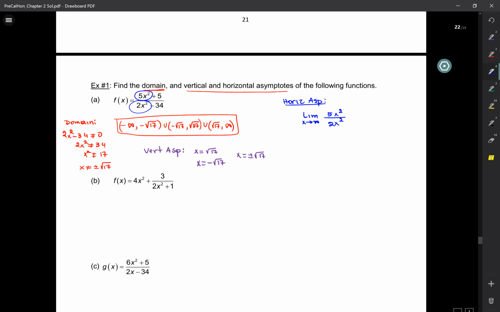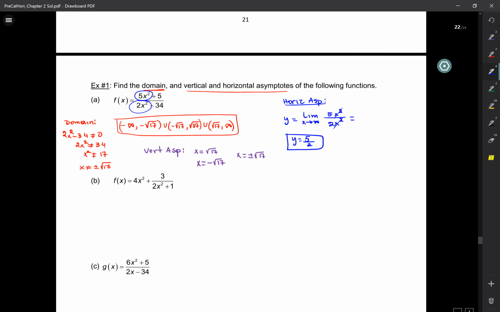And because the horizontal asymptote is a horizontal line, its equation is not going to be x equals, but y equals. So in this case, the x squares cancel, and all I'm left with is 5 over 2. So the asymptote is y equals 5 over 2.